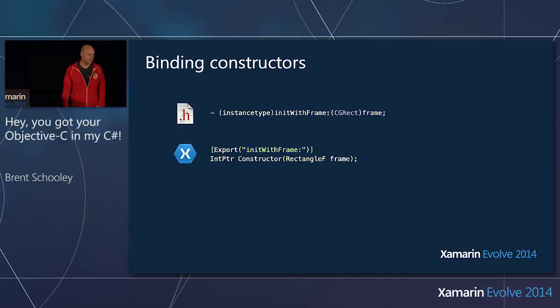The return type from a constructor, the signature is always the same for constructors. It is integer pointer, so that'll be a properly sized pointer to an object, depending on the platform that it's running on. The name of the method will be constructor, and then it takes whatever parameters were specified in the Objective-C. So in this case, it's just a frame.